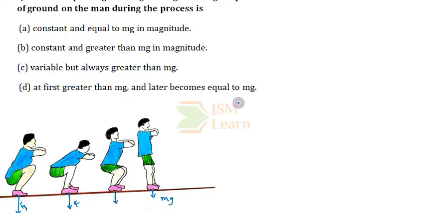So in the overall motion, this was the action force by the man on the ground. Now they are asking us to identify the reaction force. We know that according to Newton's third law, every action has a reaction, and the magnitudes of the action and reaction forces are equal, but they are opposite in direction and they act on different bodies.